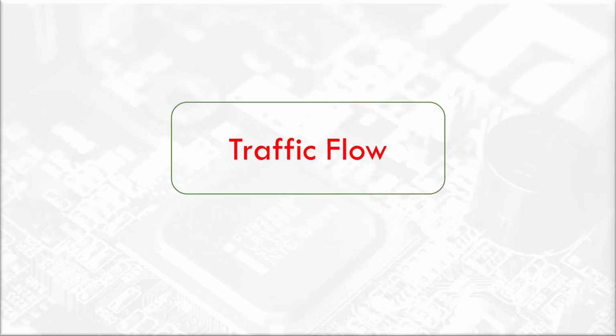Now we'll talk about the traffic flow. This is just simply to make sure that people understand the traffic, because in the context of Radius, we talk about two types of traffic mainly: the data traffic, the actual data traffic from the users, and the authentication traffic.